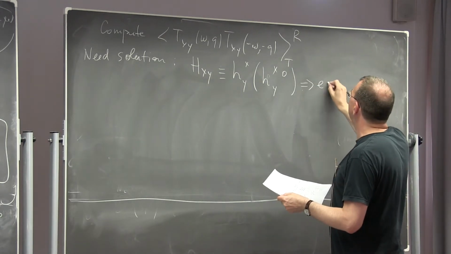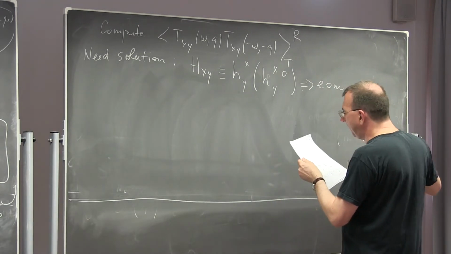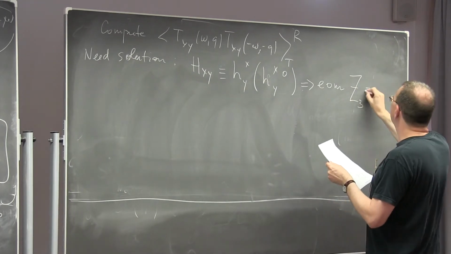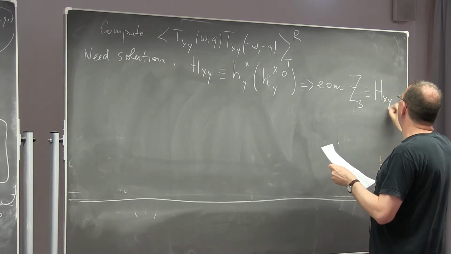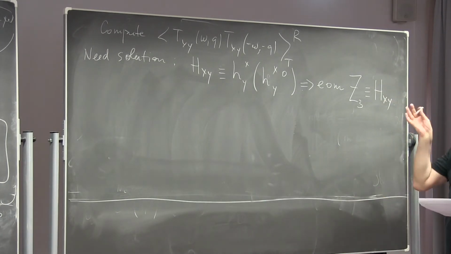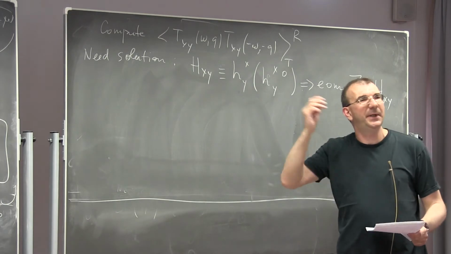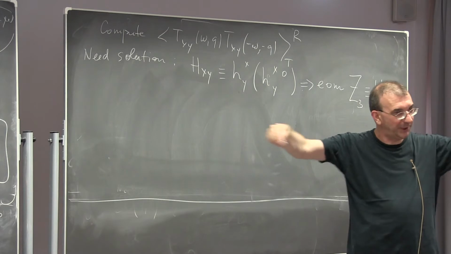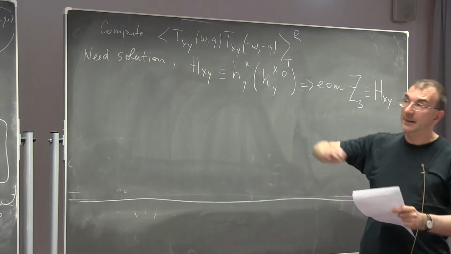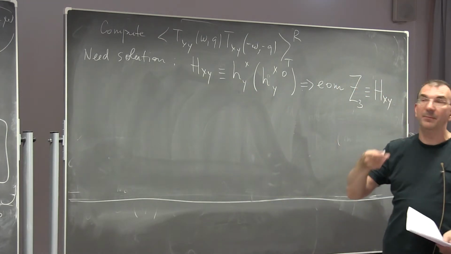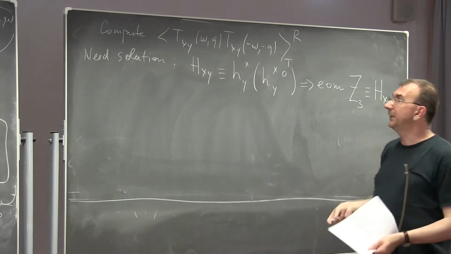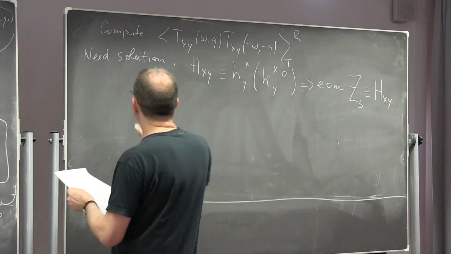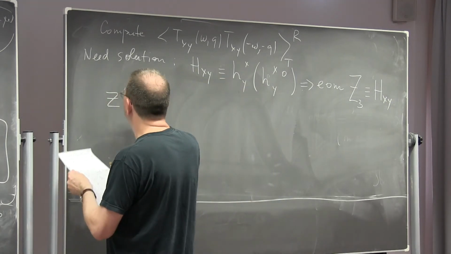So let me use the following notation. I will use z 3 for h xy. This is not an accident, because it's very convenient to use the so-called gauge invariant variables, just like in cosmology, as Laura was describing in cosmology fluctuations. So this was no different. Here it's much more convenient to work with gauge invariant combinations of h mu nu in order to decouple our equations of motion. And the equation of motion looks extremely simple.